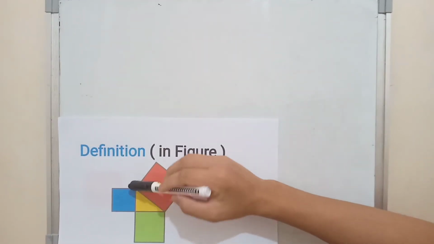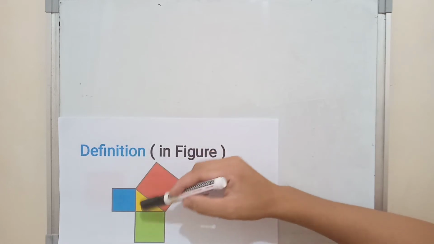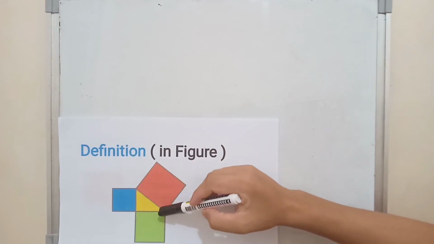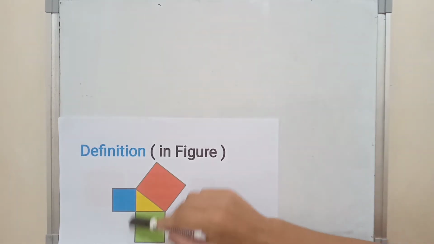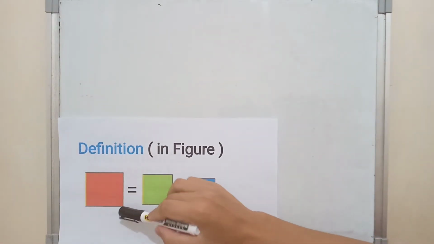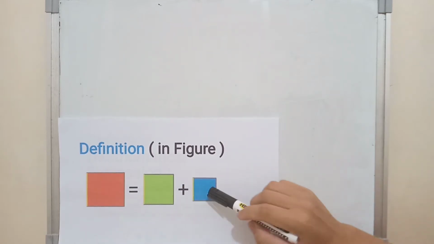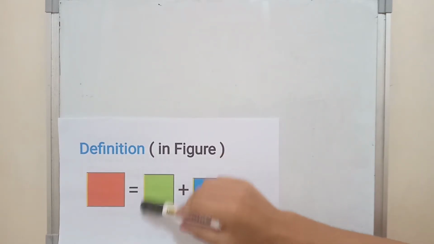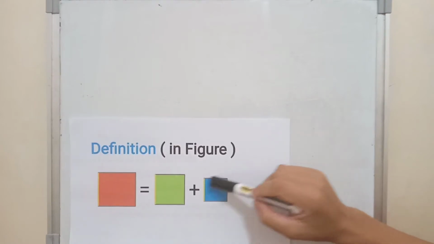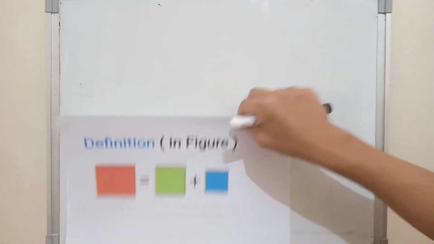At ganun din dito sa isang side na to, ang square niya is ito yung blue. Ganun din dito sa side na to, yung square niya is yung green. So, sinasabi doon, yung square ng hypotenuse, ito yon. Yung red na square is katumbas nung dalawang squares, nung green at nung blue. Ganun daw ang definition niya.